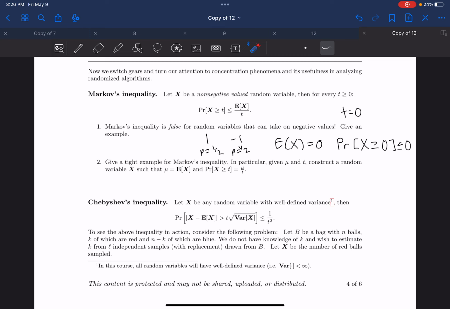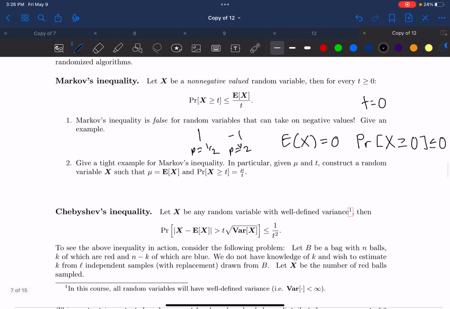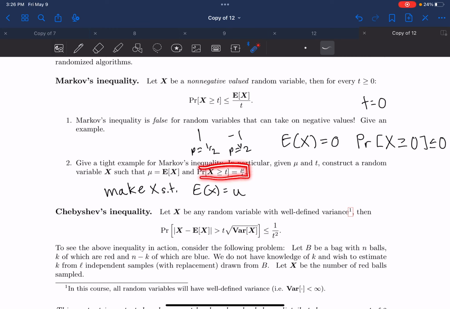Part 2 is similar in terms of constructing a counterexample. We're going to give a tight example of Markov's inequality. In particular, for some given mu and t, construct a random variable x such that the expected value of x is mu, and the probability that x is greater than or equal to t is equal to mu over t. So we make an x such that E of x is equal to mu, and then the probability that x is greater than or equal to t is equal to mu over t.